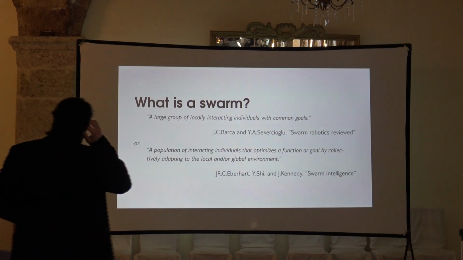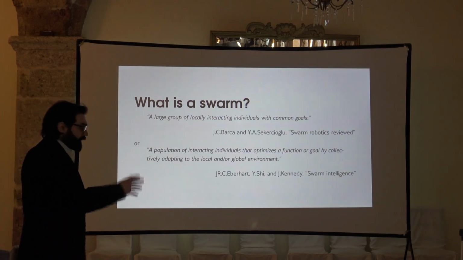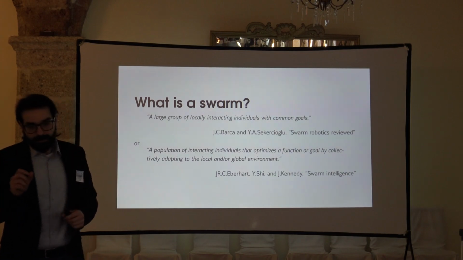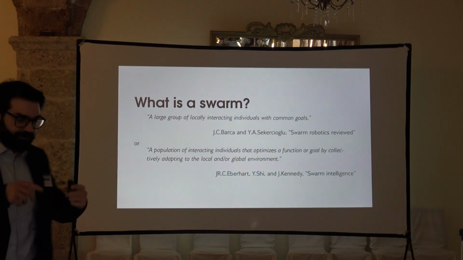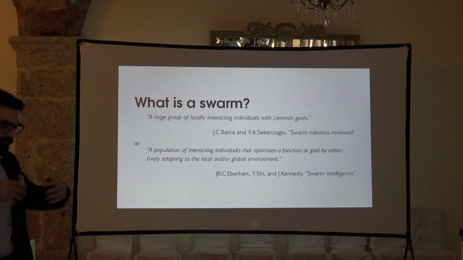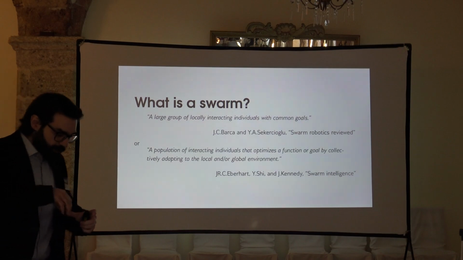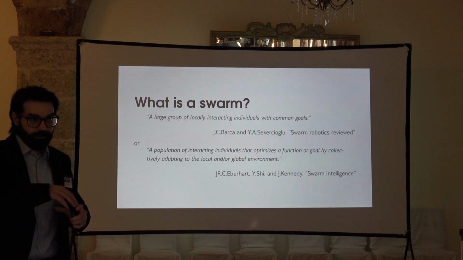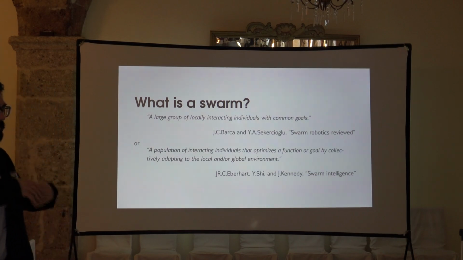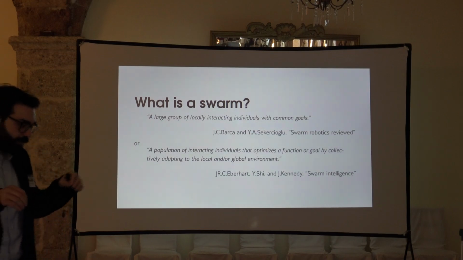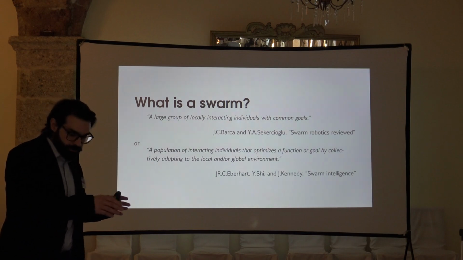So, what is a swarm model? It is a large group of locally interacting individuals with common goals. Locally is a keyword. That means that the elements of the swarm know only what happens around them. They do not know where they are in the swarm, or if they are inside or near the edge of the swarm.